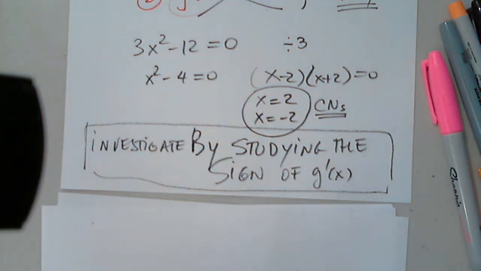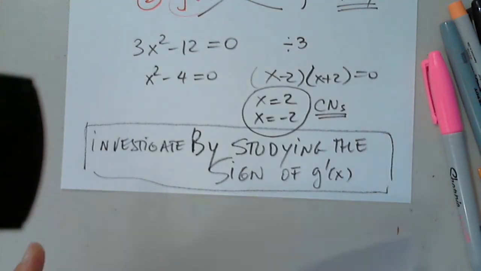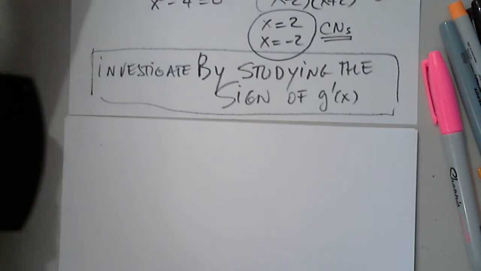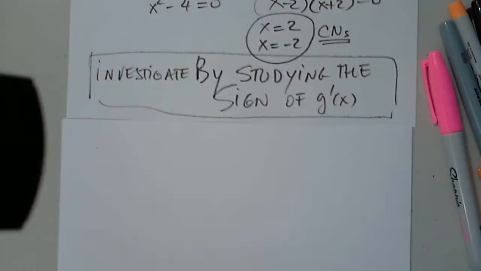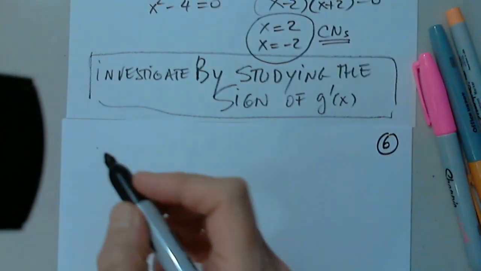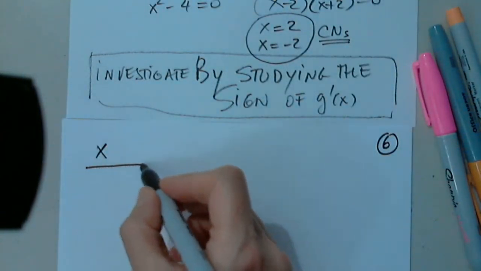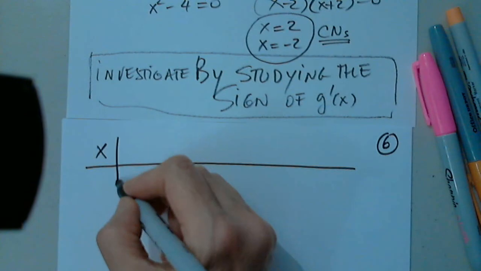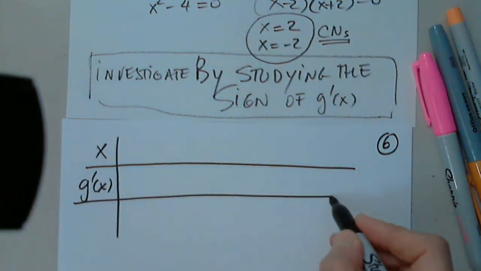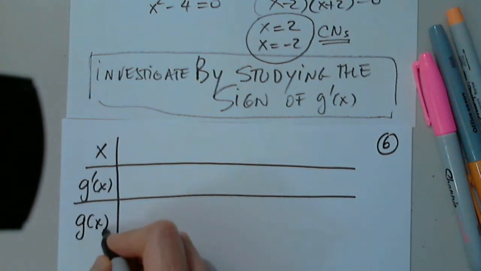And you can say, how are you going to do that? And here it is. Please work with me and try to understand this table. It will save a lot of time later on. Okay. X, g prime of x, and g of x.